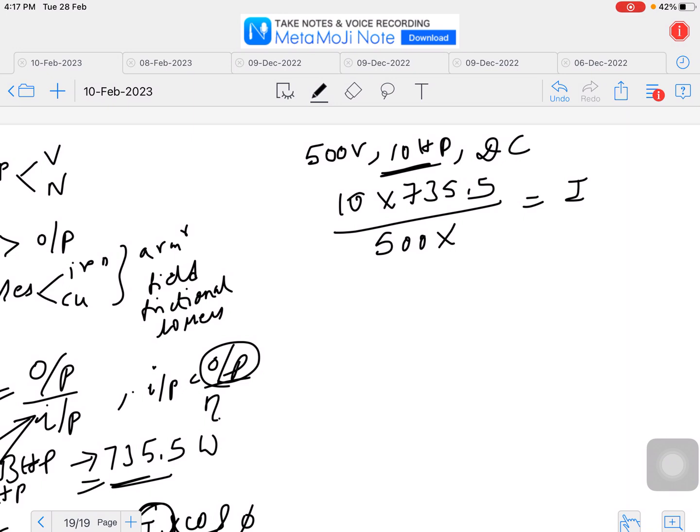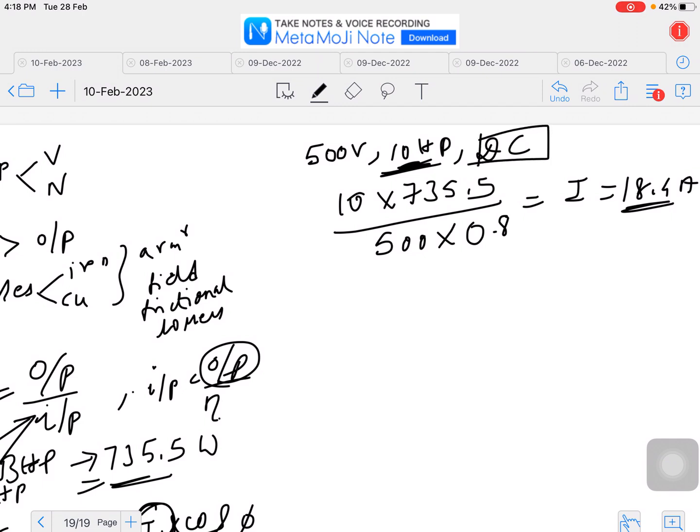So I can find out the current directly. Considering that it is a 10 HP motor, efficiency can be considered as 80% and the current can be calculated. It will come up to around 18.4 amps. This is for a DC motor.